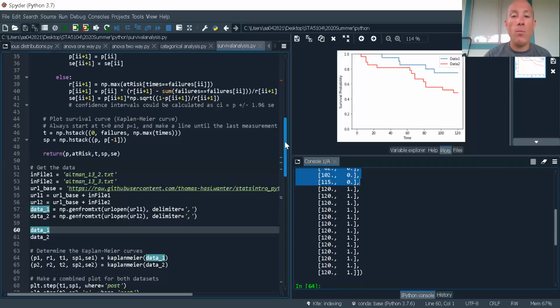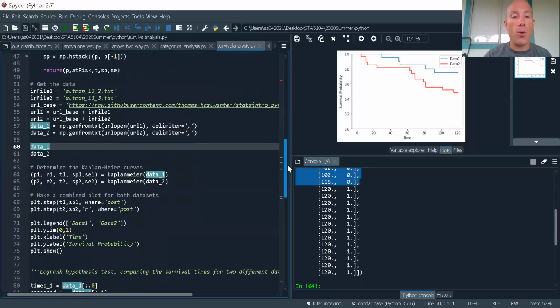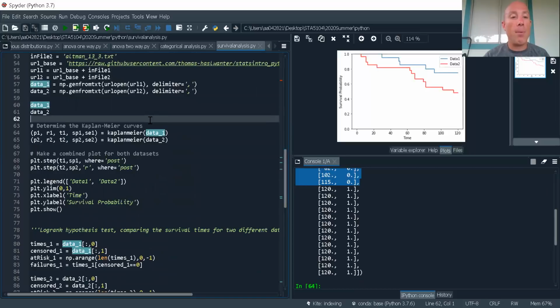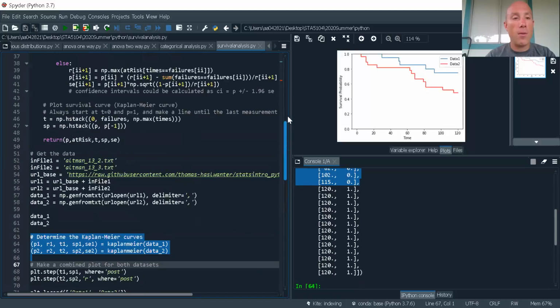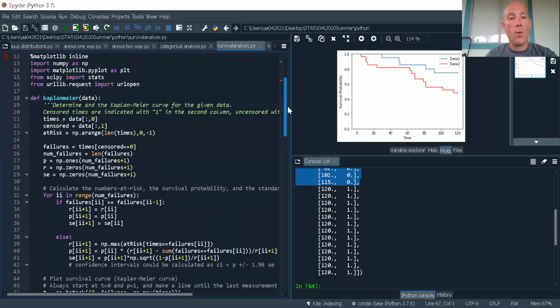All right, so what we want to do, first and foremost, I want to make a picture of it. So we want to make the Kaplan-Meier curve. And remember, I'm using the special function that's defined up here. So this is the definition for the Kaplan-Meier function.